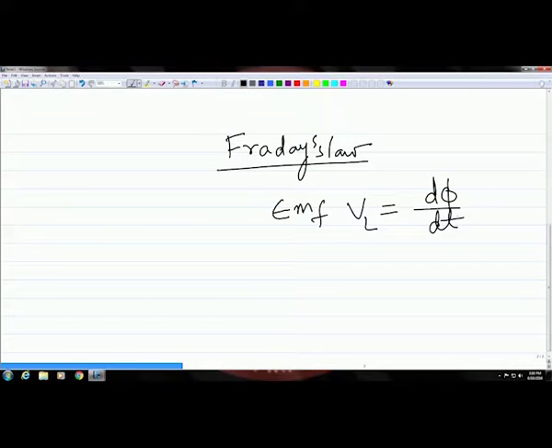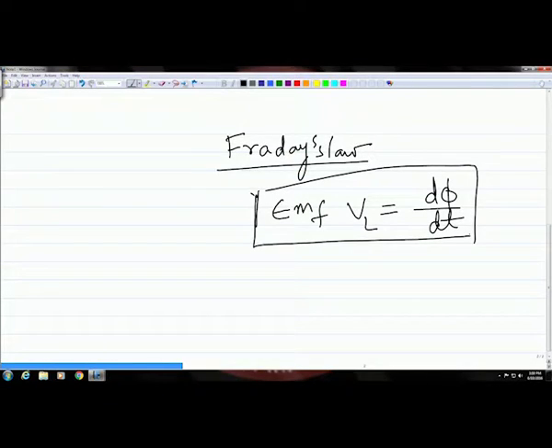So, you need a changing magnetic field to create this induced current or this induced EMF. Okay. So, this is known as Faraday's law of induction, okay, and this is the basis of the eddy current technique, as I am going to explain now. So, if you have n number of turns in a coil, then this will be n into d phi dt, where n is the number of turns. Okay.